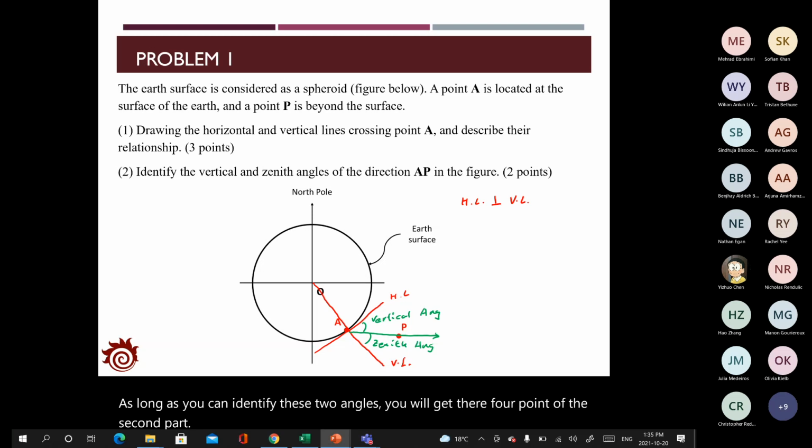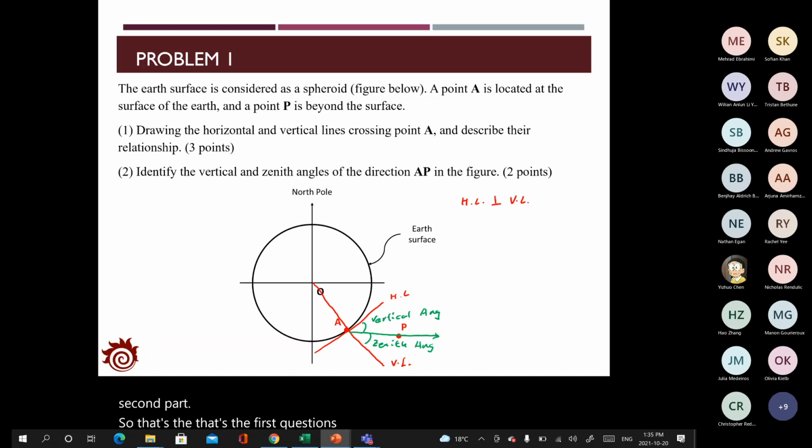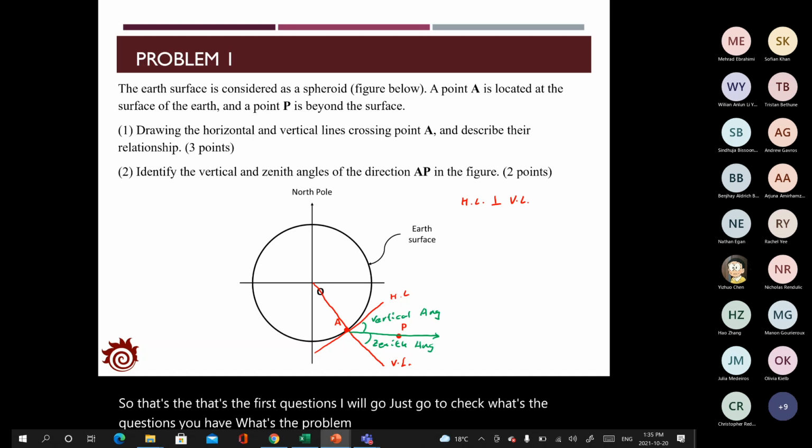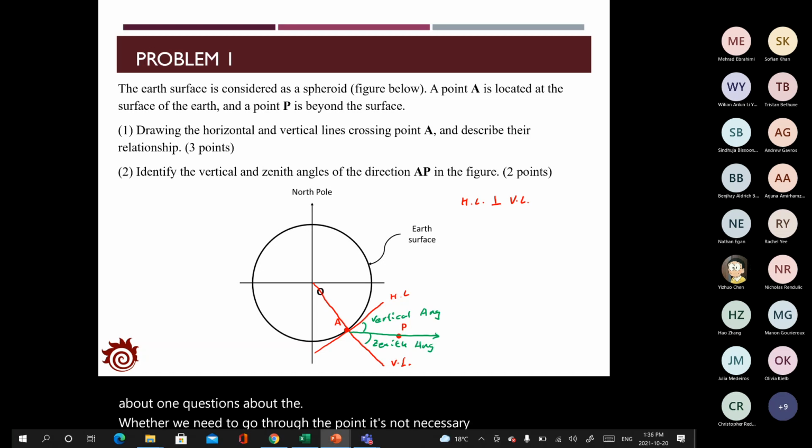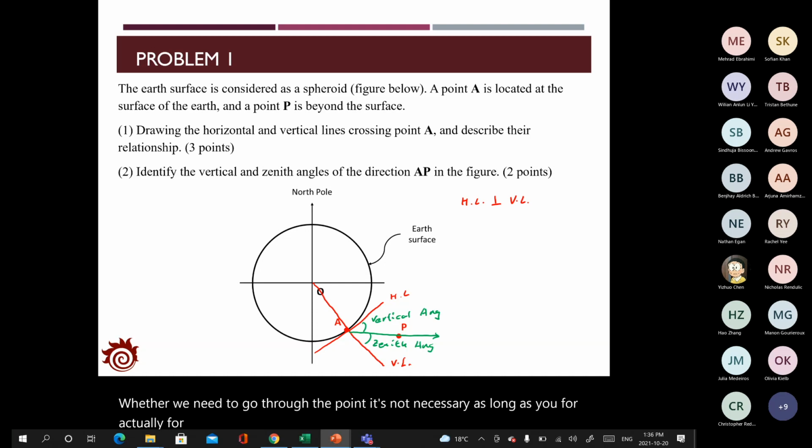So that's the first question. I will just go to check what questions you have, what problems you have for now. There's one question about whether we need to go through the point O. It's not necessary. For the vertical line, you just need to go through point A, but you have to make sure that they are perpendicular to each other.